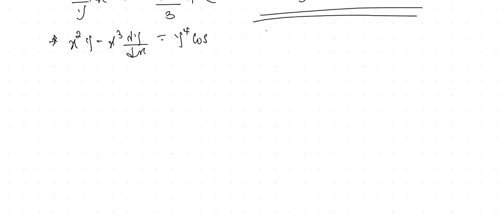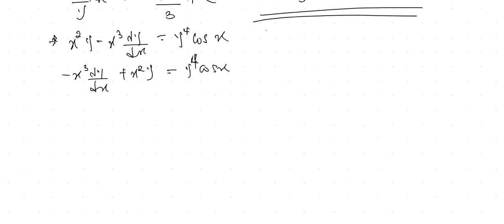First of all, this is not supposed to be here, so let's rearrange first. If you rearrange, it's going to be minus x cubed dy dx, and then plus x squared y, which equals y raised to the power of 4 cos x.